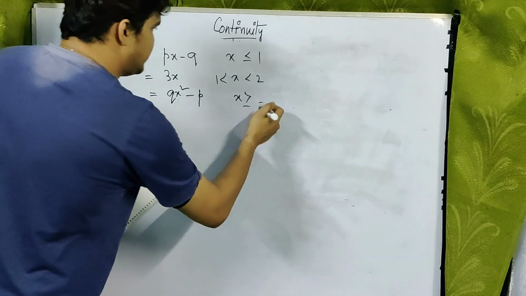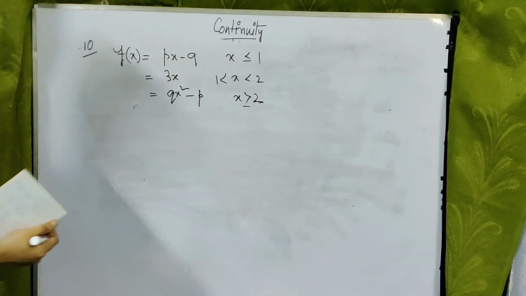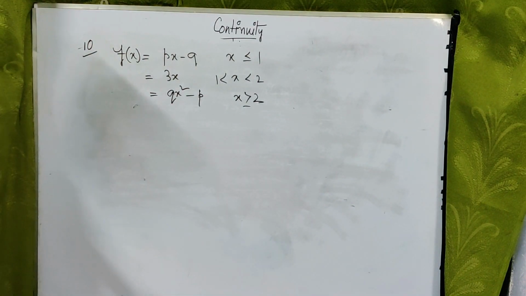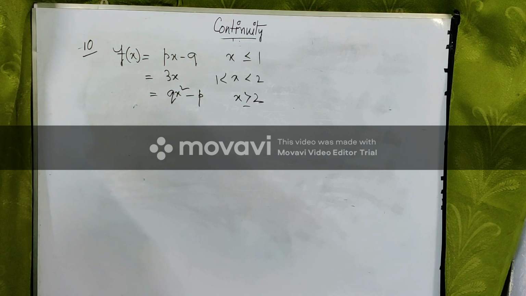Here it is said the function is continuous at the point x equals to 1 and x equals to 2, and we have to find out the value of p and q.